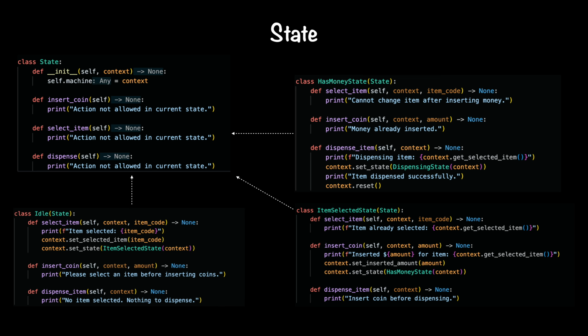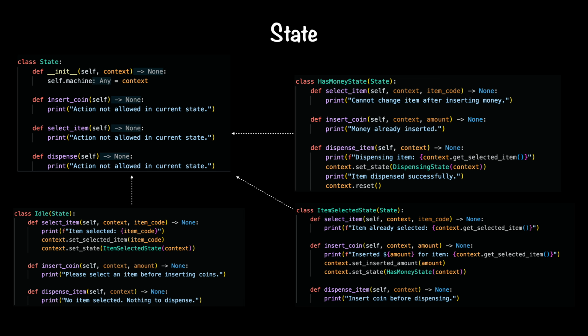Then the vending machine will trigger the insert coin method in the item selected state, where the customer will insert some coin and do the payment. Once the payment is successful, the vending machine will move from item selected state to has money state. That means the payment is successful.